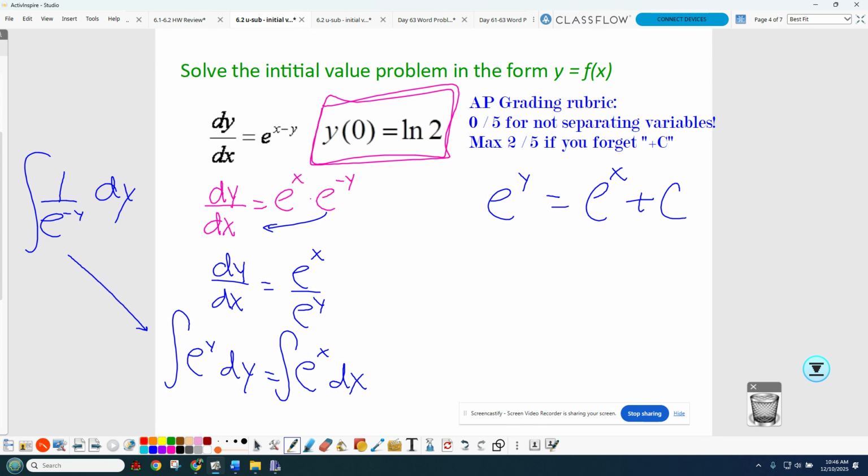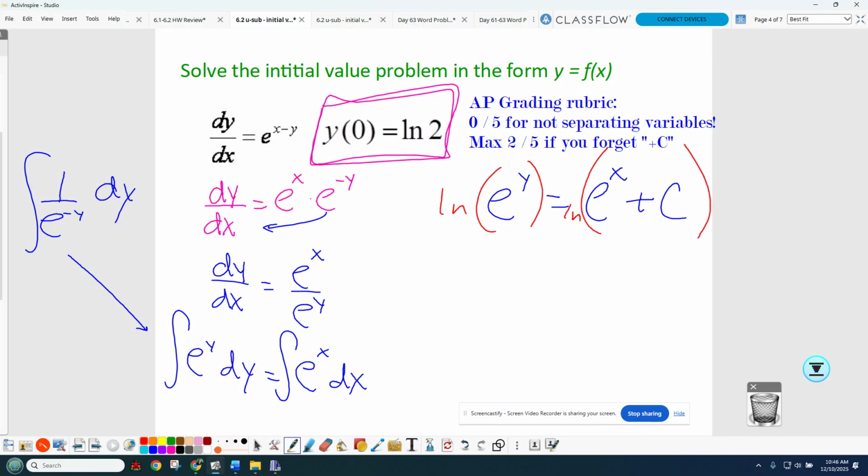And then you can do ln of both sides, natural log of both sides. So I need to solve for y. I'll ask because I think half of you will do this wrong.